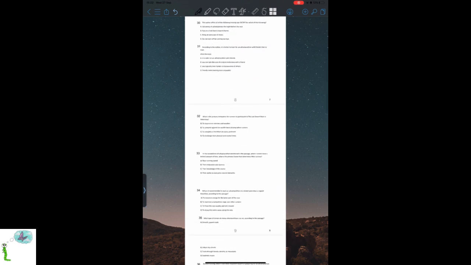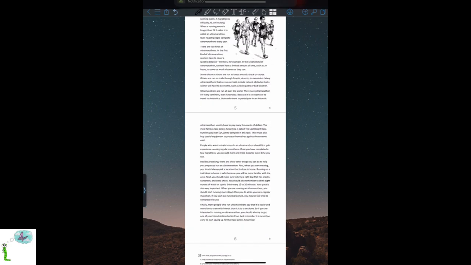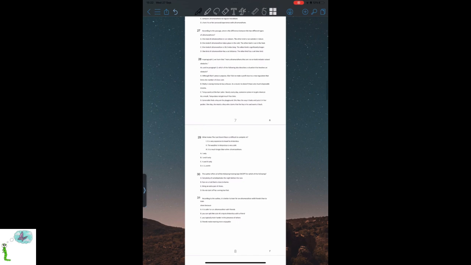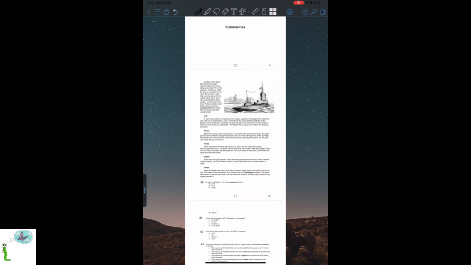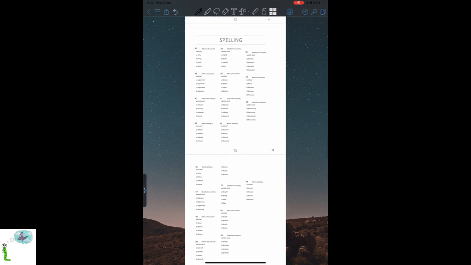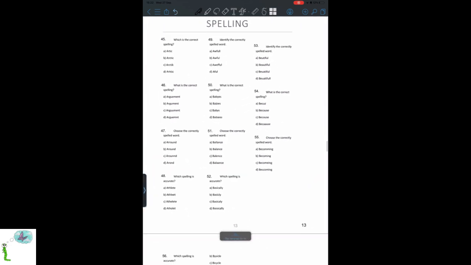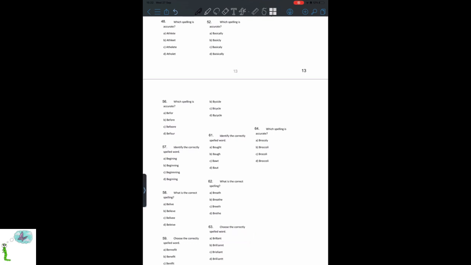Now, I believe English you should have been able to go through in the lesson, all of it, hopefully. So you shouldn't need any help with this. Spelling, if you get it wrong on the answer sheet, it just means you spelled it wrong. So just remember that, make sure you note down any of these that you're getting wrong.